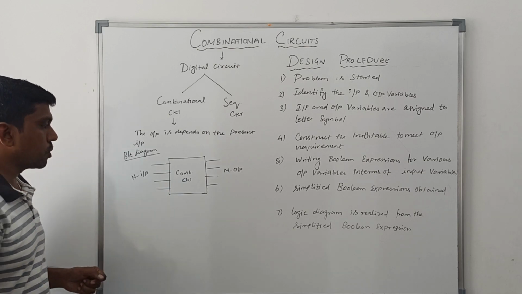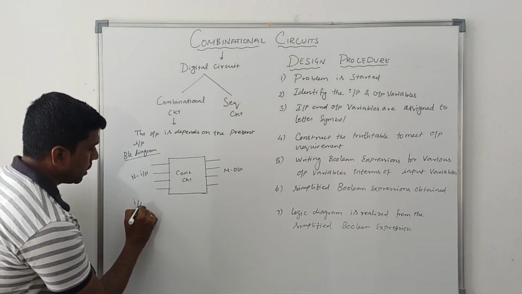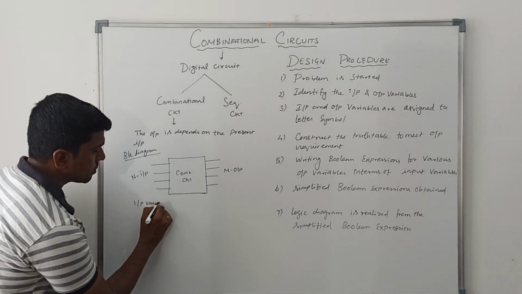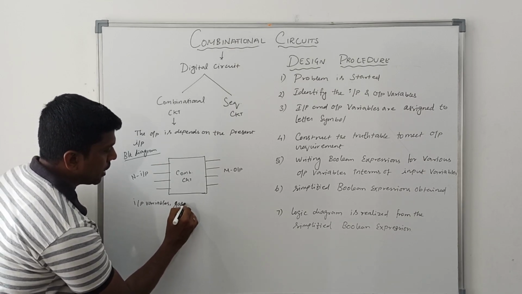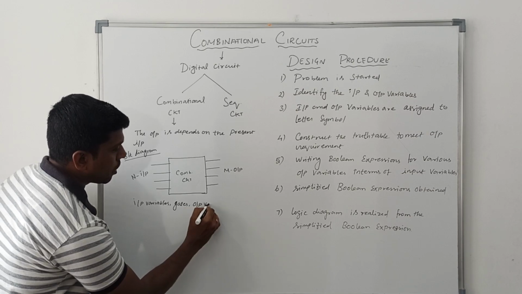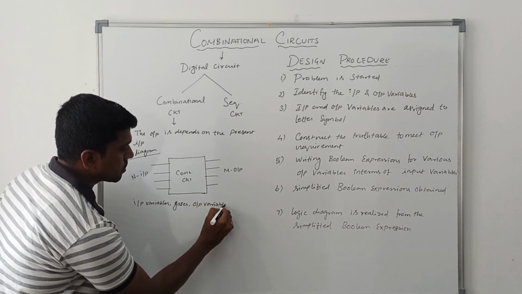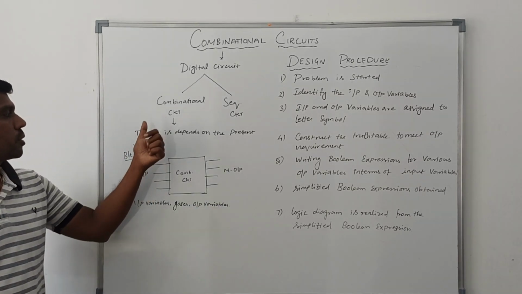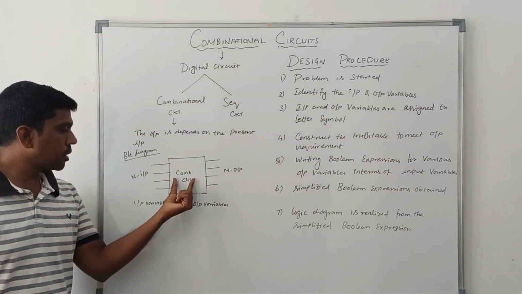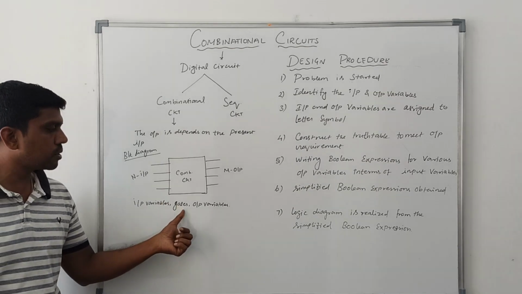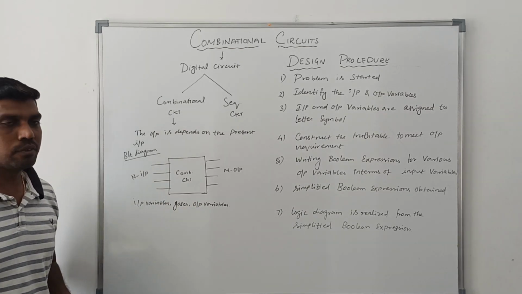This combinational circuit consists of input variables, logic gates, and output variables. So in a combinational circuit, the output depends on the present input.